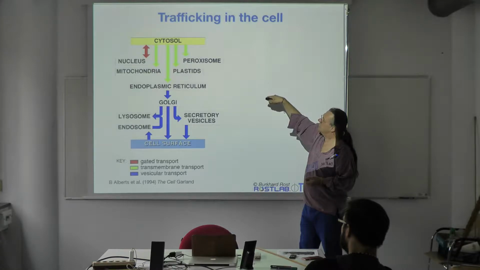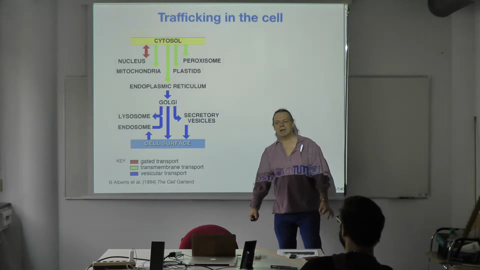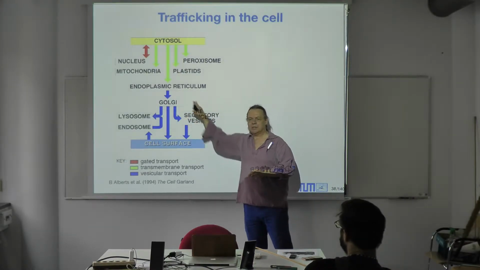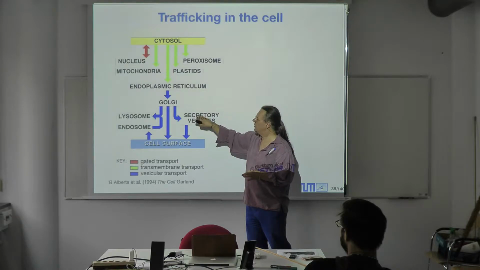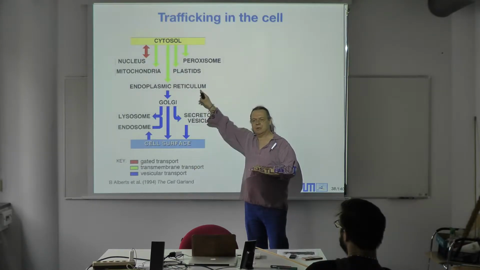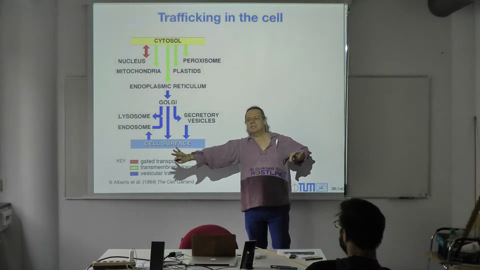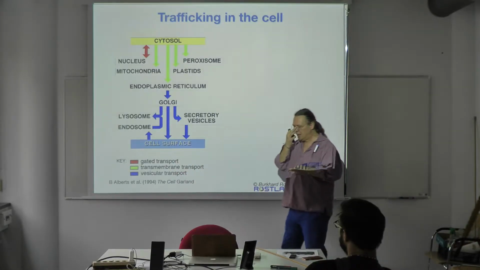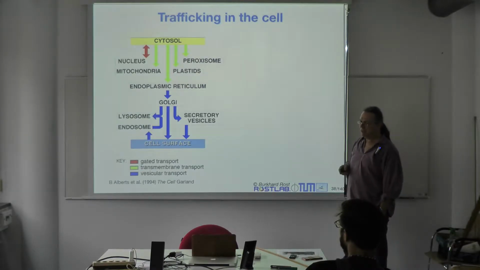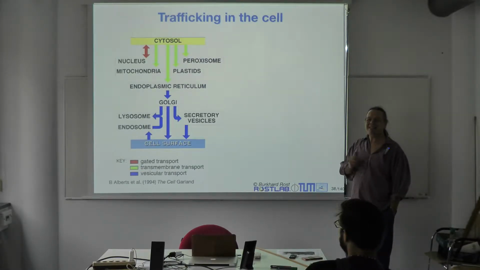You go to the nucleus, yes or no, or you go into what is the secretion pathway, meaning there are compartments on the way, but ultimately some of these proteins that go on the blue path will leave the cell.